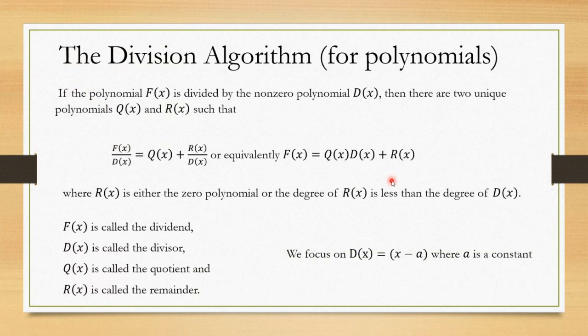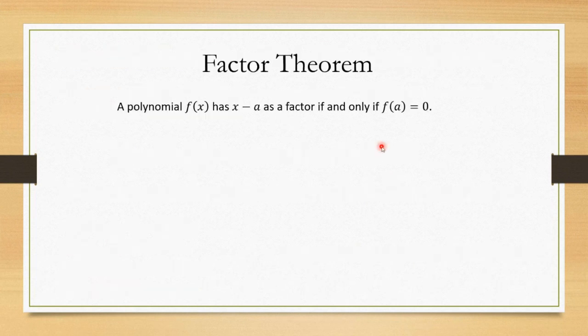It's just stuff I did last time, so I don't want to go through it all again too much. I did present the factor theorem here as well, just as a reminder. I know here I have a lowercase f, but most of the things we've been dividing, I called lowercase f. This is just saying that this has x minus a as a factor if and only if f maps a to 0.